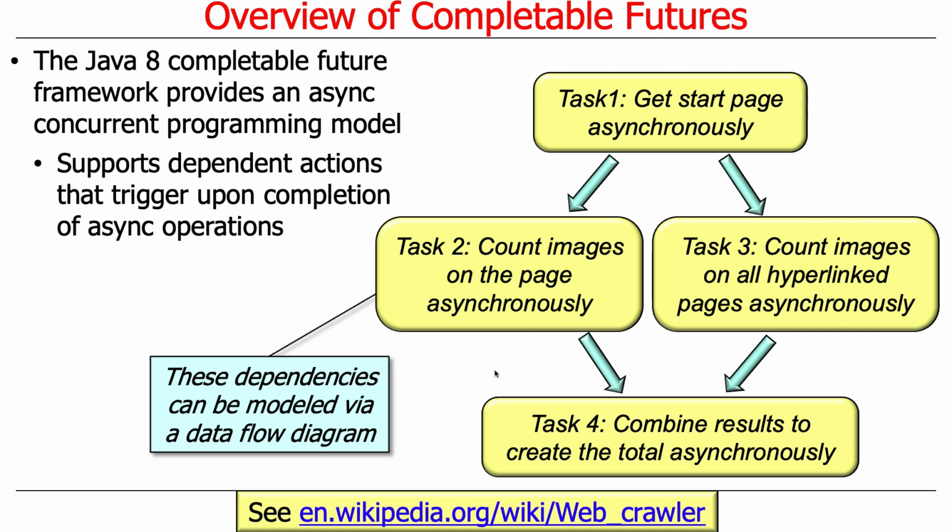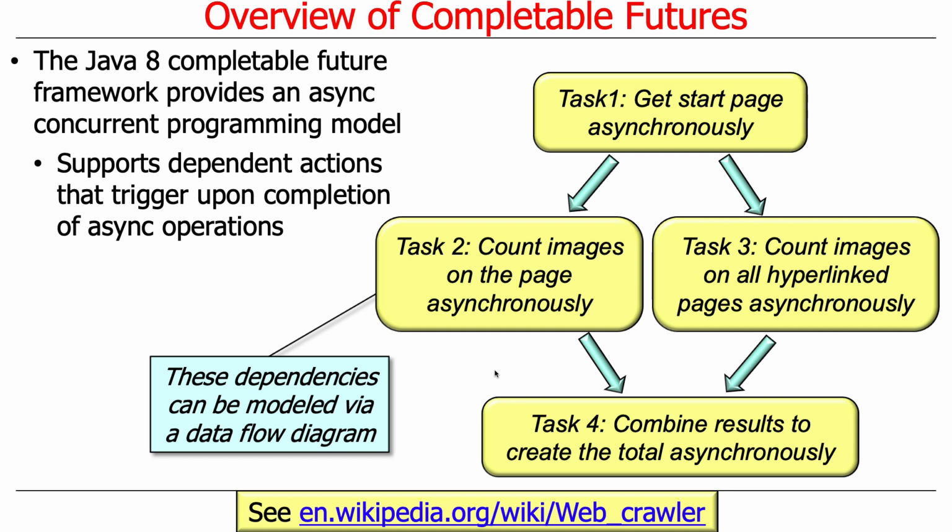So the way this is going to work is we will have some asynchronous task, task 1, and that's going to go ahead and start to download a web page asynchronously. It's going to download a web page, and that web page will be downloaded in the background. And what we'll get back, as we'll see, will be a future.